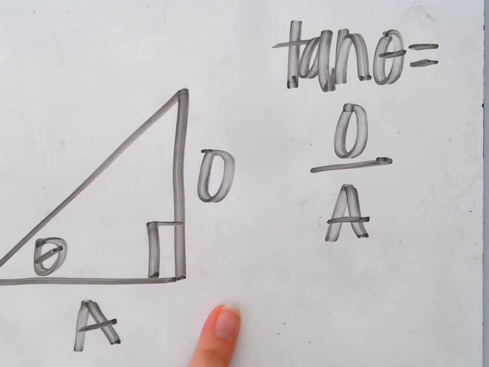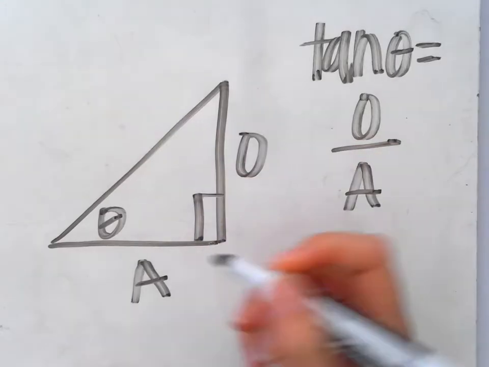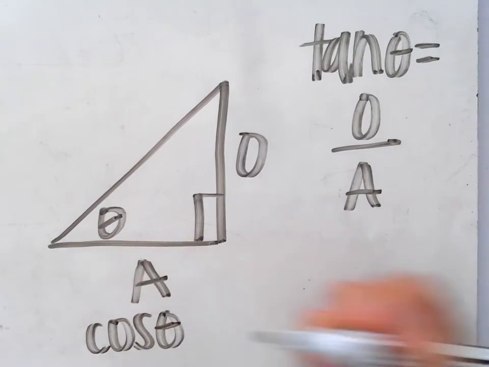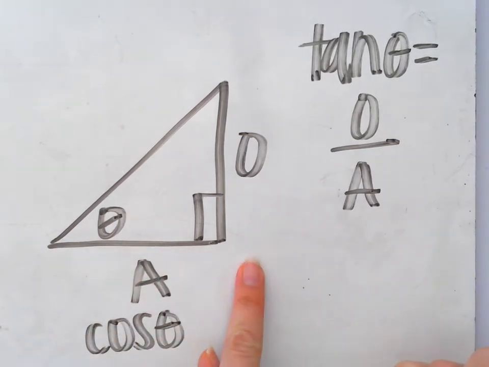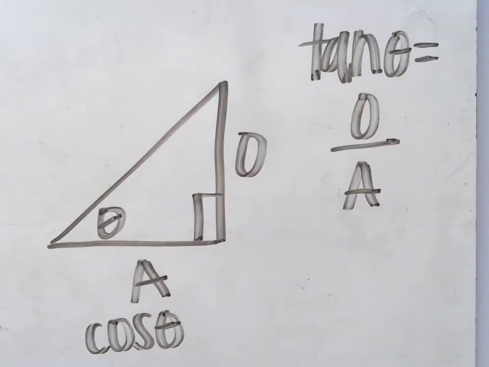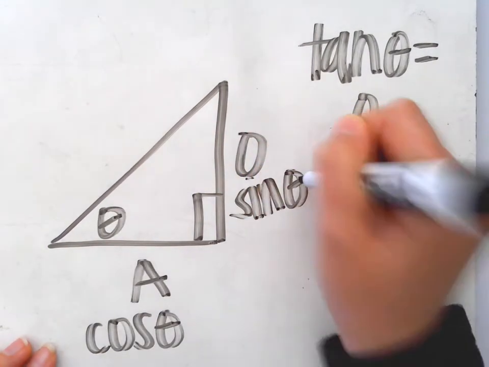And our x value always corresponds with cosine theta, right? That's always been it, x is our cosine theta. And then up is our y value. It's r, and our y value relates to sine theta.